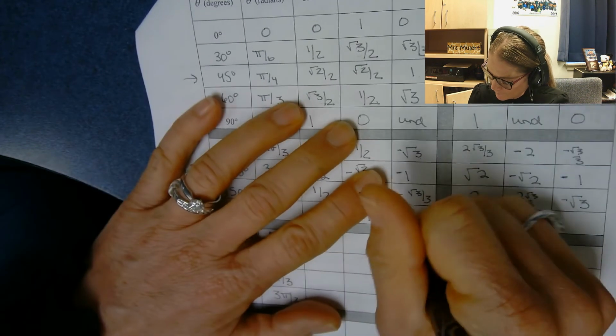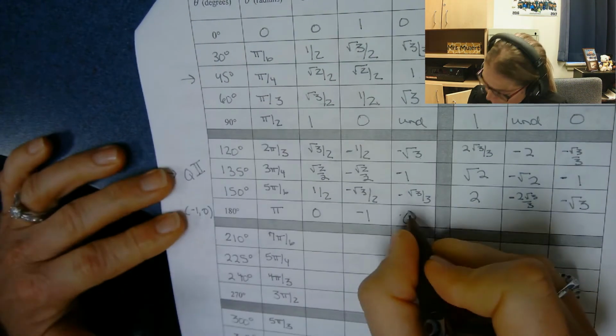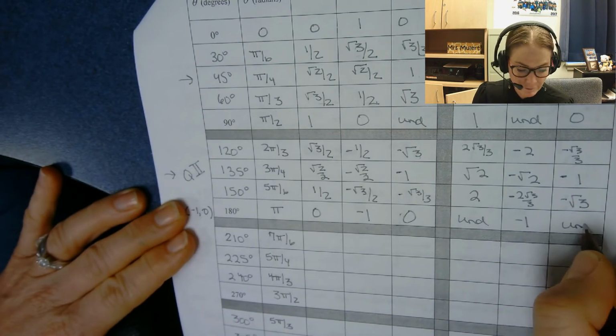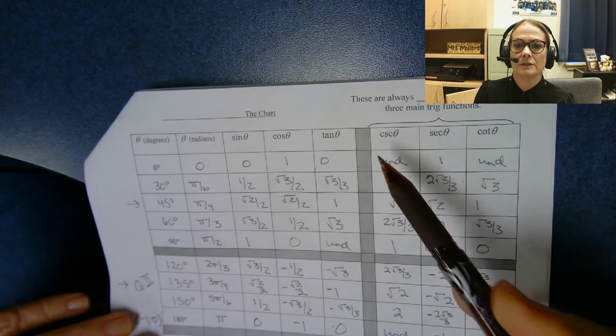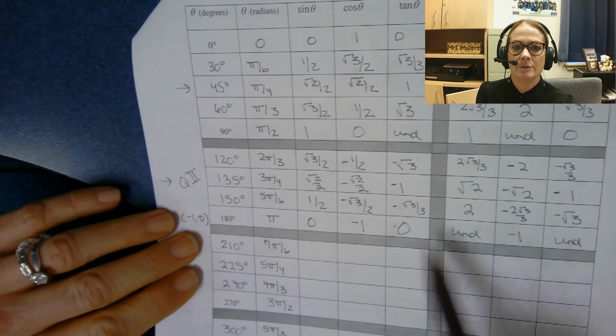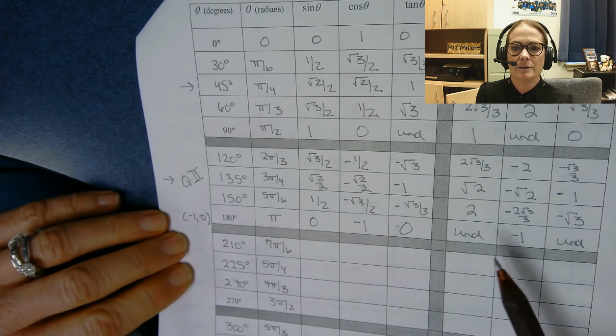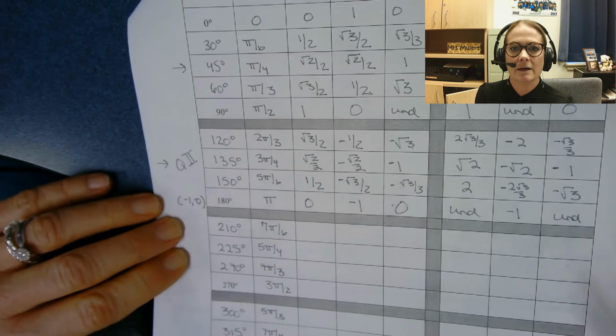I was about to say undefined, but that'll be 0 as well. This will be undefined, this will be -1, and this will be undefined here. This is just the reciprocal functions. Okay, so there's that chart. So these you can't pattern after these guys. These you have to just think about on your own. So no really patterns there.